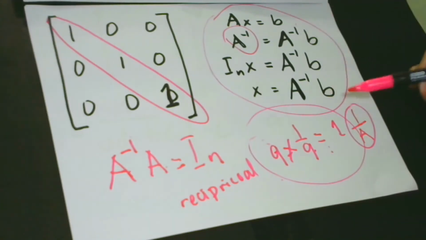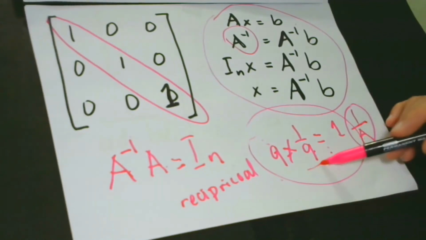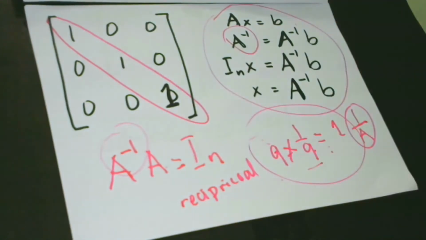Why is it that we cannot do 1 over A if it is the same idea, the reciprocal and the inverse? Well, the answer is that we do not divide by a matrix. Again, we do not divide by a matrix, because when we multiply a matrix by its inverse, we get the identity matrix, which is like 1.